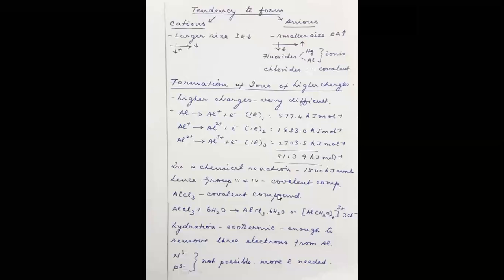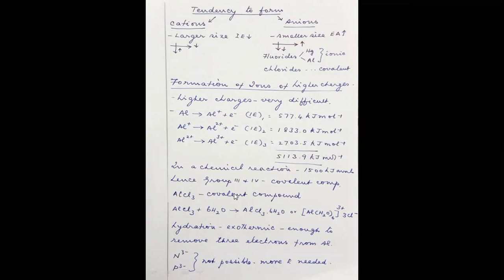But normally in chemical reactions, we come across energy exchanges of the order of 1500 kilojoule per mole. So with 1500 kilojoule of available energy, you can never hope to supply 5113.9 kilojoule per mole to remove all 3 electrons from the aluminium to form aluminium 3 plus ions.